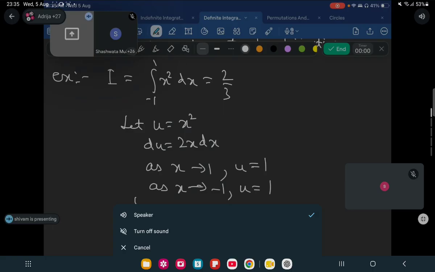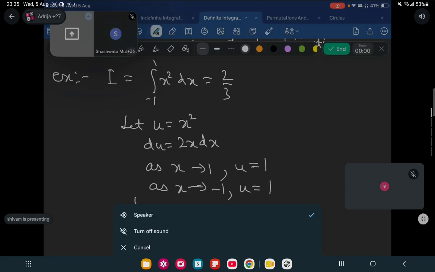X is equal to root over u. Du is equal to 2x dx, so dx is equal to du by 2 root over u. So tell me what will be the integral over here?